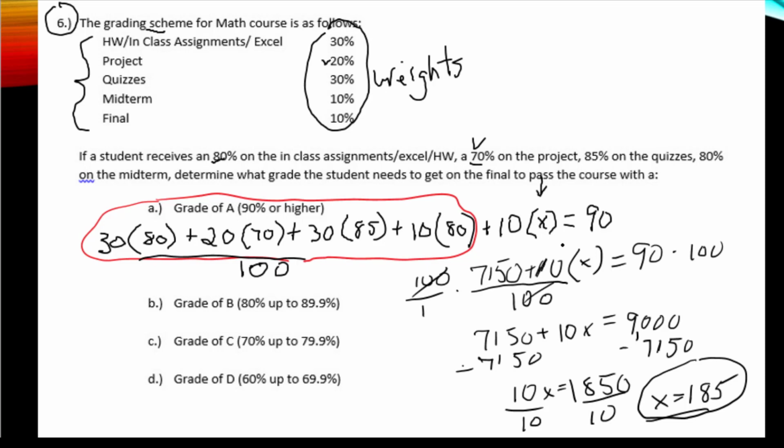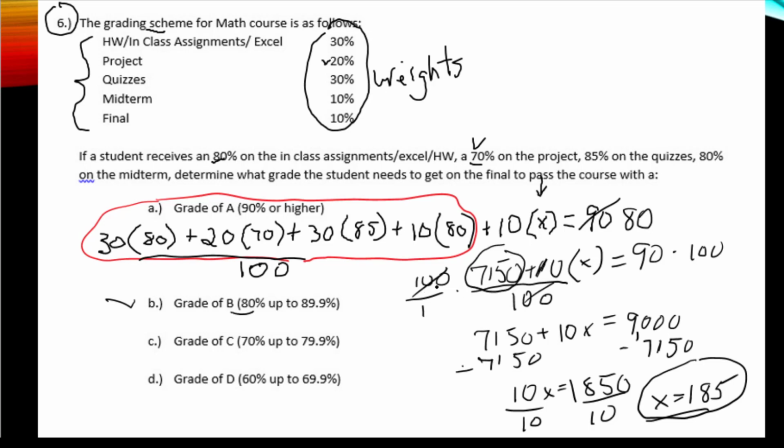So let's go down and look at a B. But what's different? What am I going to do differently in this question? Well, one thing I'm going to do is change this to an 80. Anything else? I don't need to redo this, so I can leave that 7150 to start.